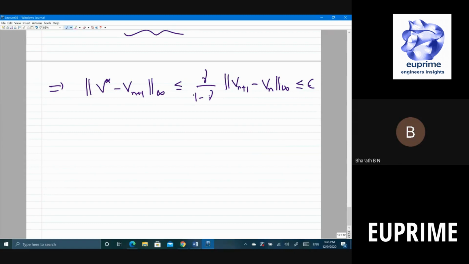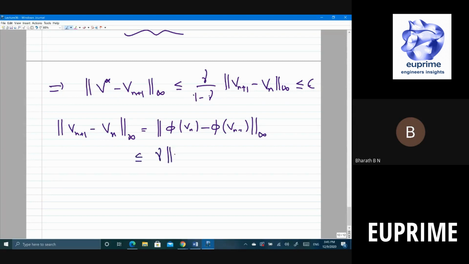So now let's look at this term. Let's also look at this, the infinity norm of vn plus 1 minus vn. That is equal to, again, the infinity norm of phi of vn minus phi of vn minus 1, which is less than or equal to nu times the infinity norm of vn minus vn minus 1.